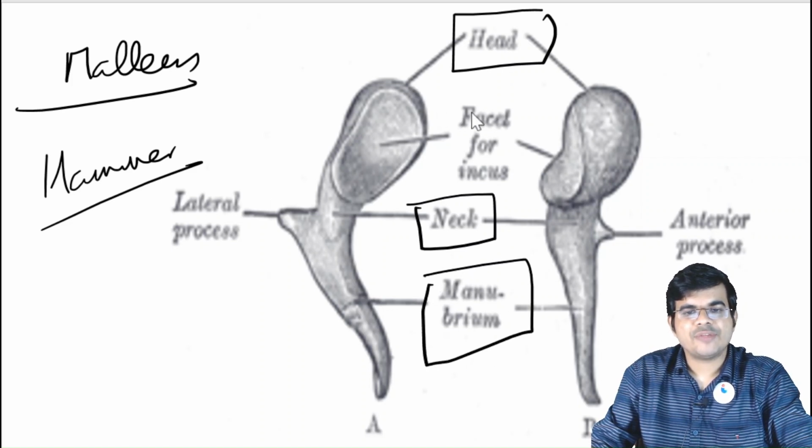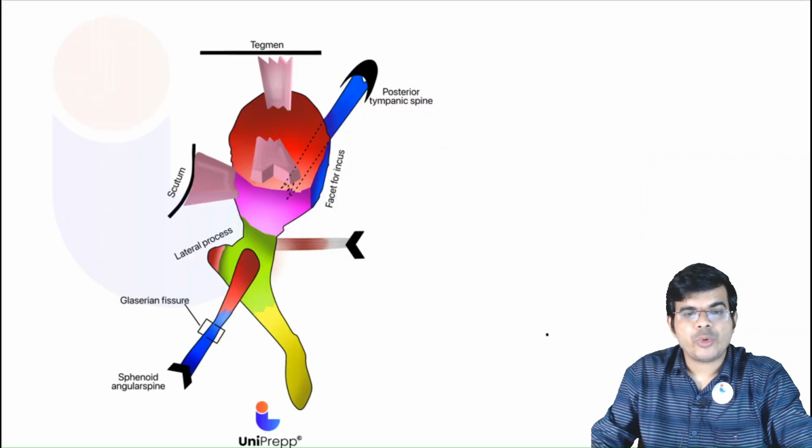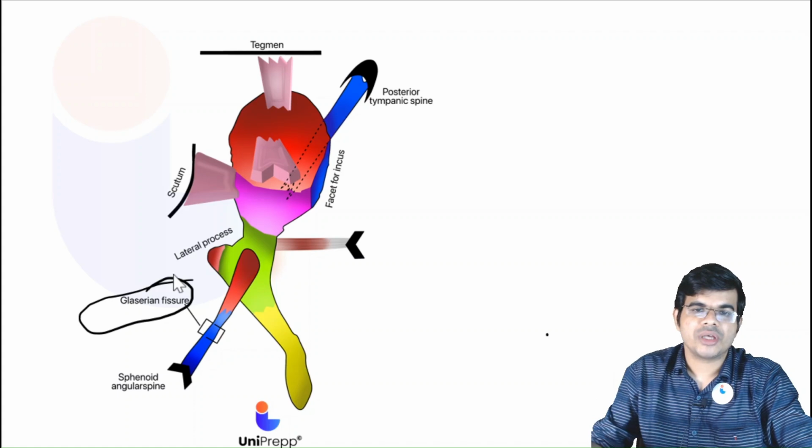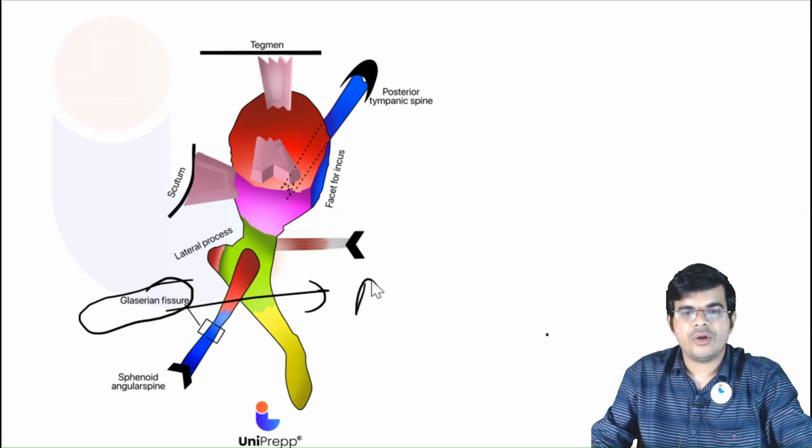It has got a facet for incus, a lateral process and an anterior process as well. On the anterior process is attached the anterior malleolar ligament which passes through the Glaserian fissure. Okay, I already told you about the Glaserian fissure through which passes the anterior malleolar ligament.